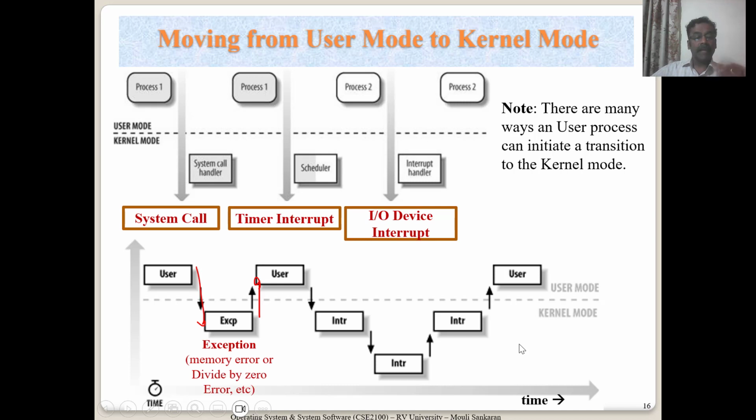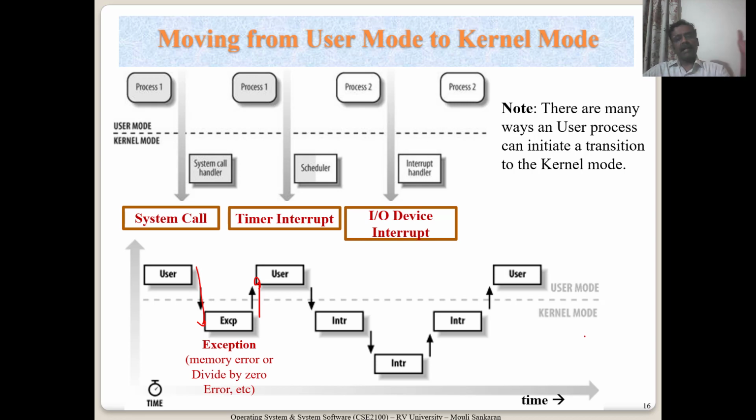Okay, so exception is one which I would like to explain here. An exception is one generated by the execution of the program itself. It's synchronous because when you are executing an instruction, suppose you are using a pointer to access a memory which is not initialized.